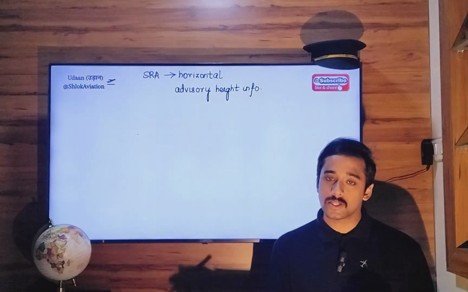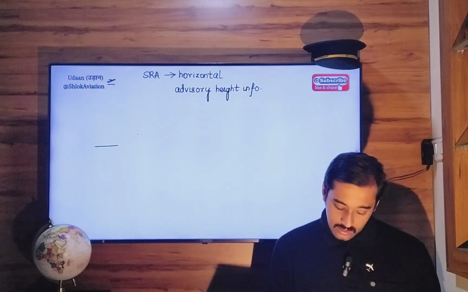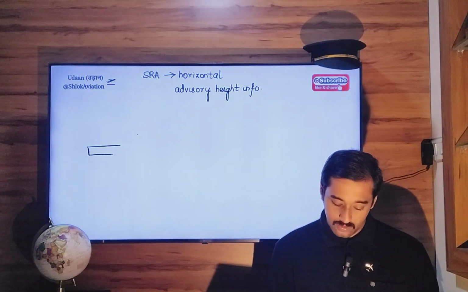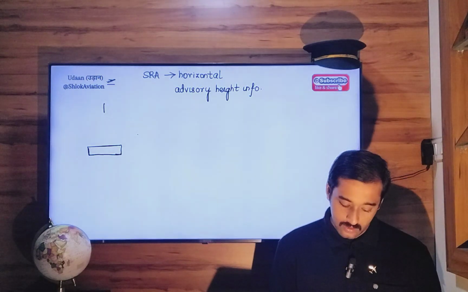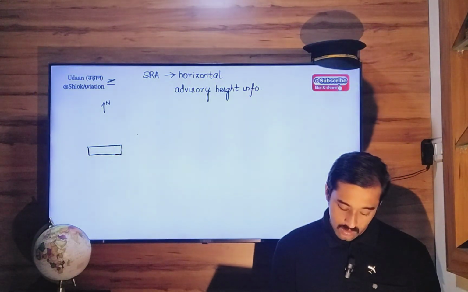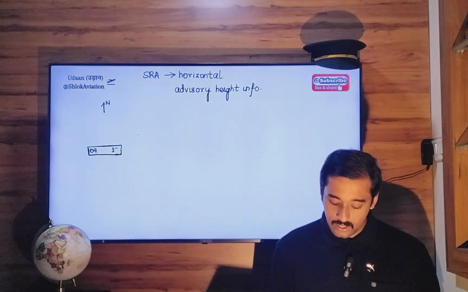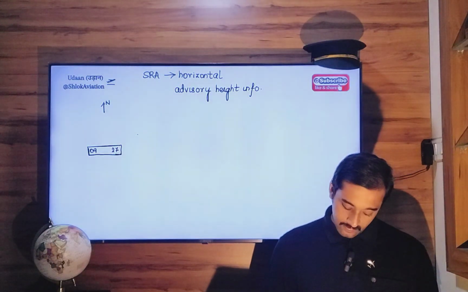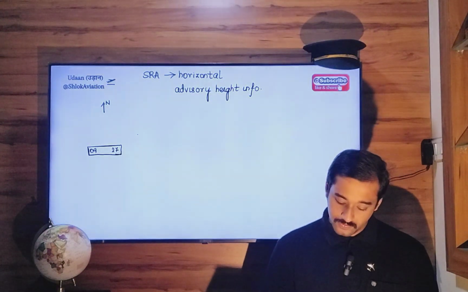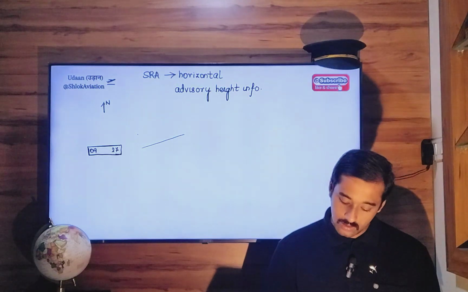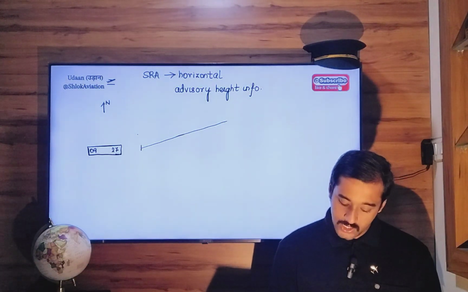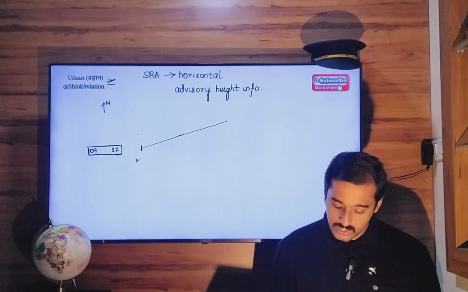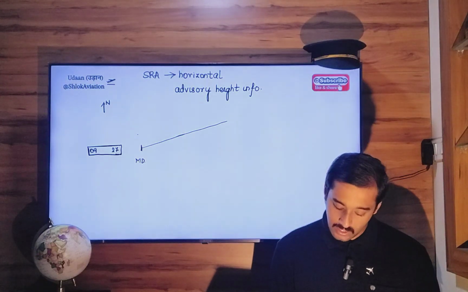So in such kind of non-precision approach, let's say this is your runway, landing on runway 27. The approach course is runway 27. This is your glide slope. Here is your decision height or minimum descent altitude or minimum descent height.